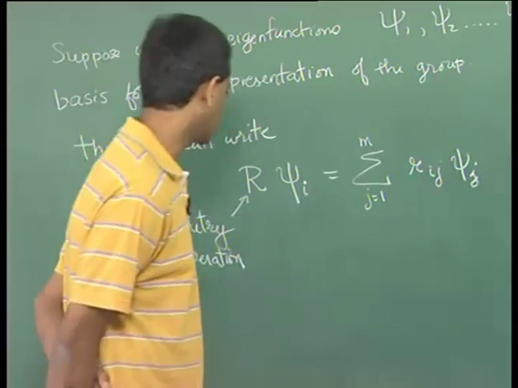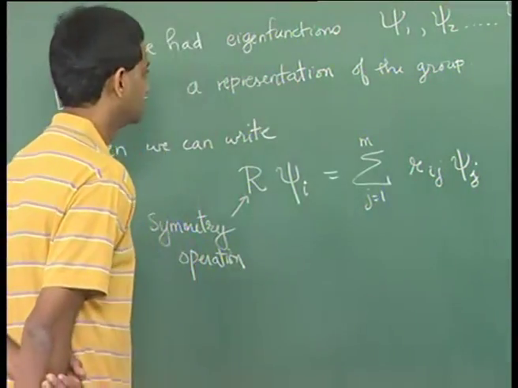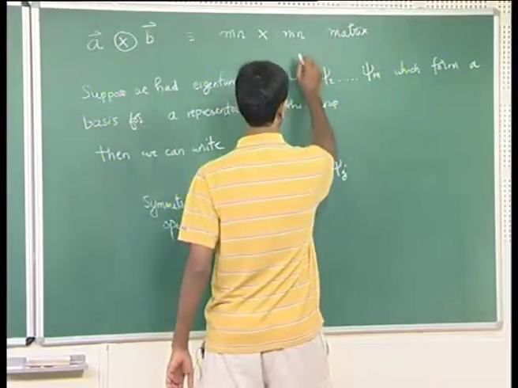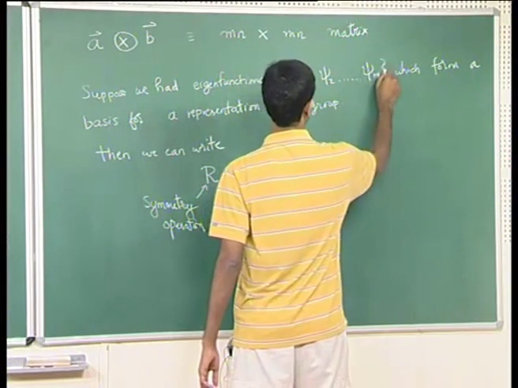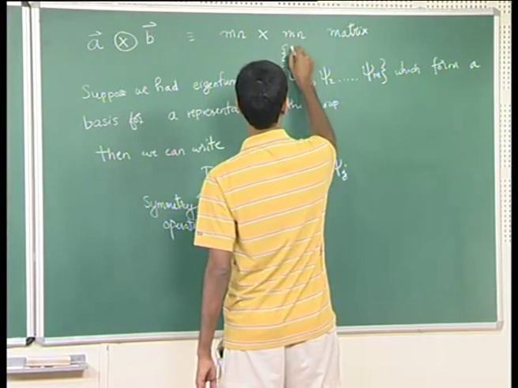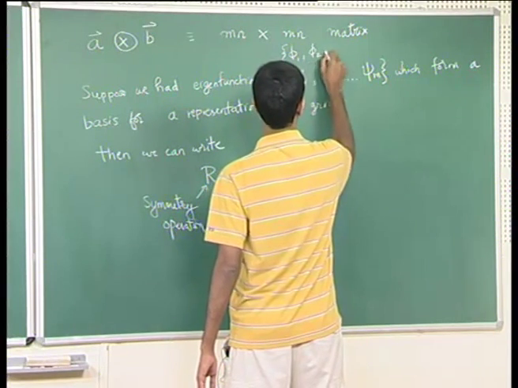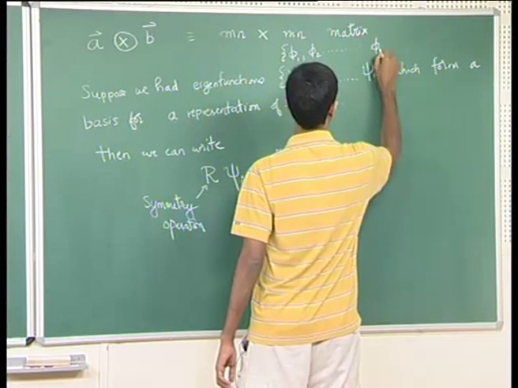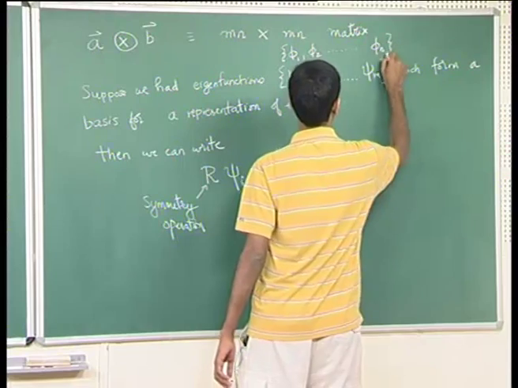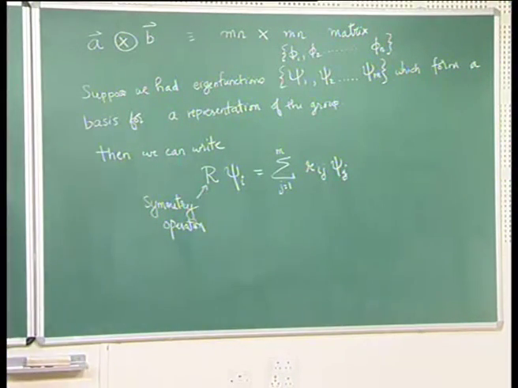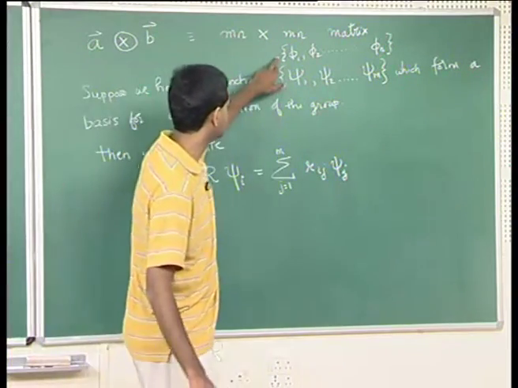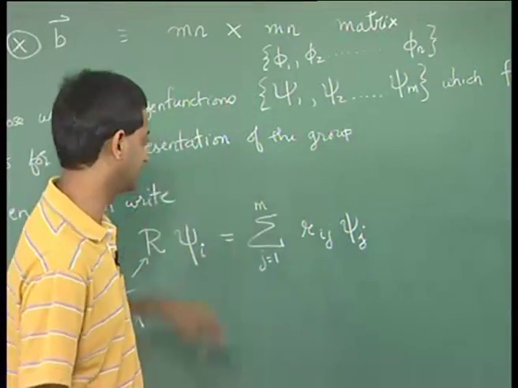Now, suppose you had yet another representation, another set of eigenfunctions phi 1, phi 2 up to phi n, a different basis for another representation.